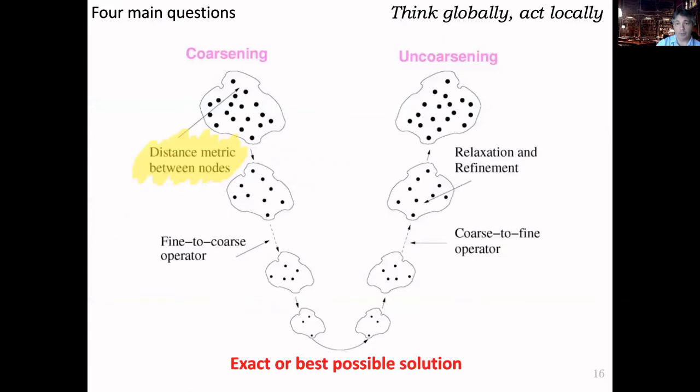So when we design a multi-level algorithm, there are 4 main questions that we need to address. The first question is, what is the distance metric between the nodes or between the variables? In other words, based on what criteria and based on what kernelization we can couple the variables.